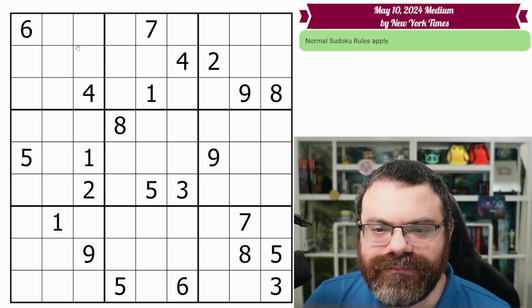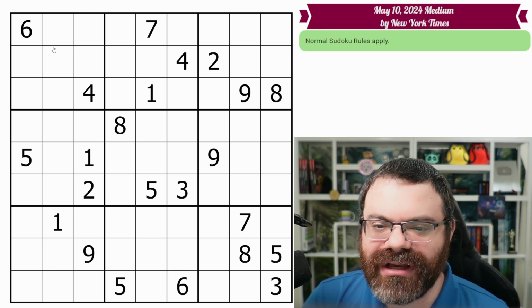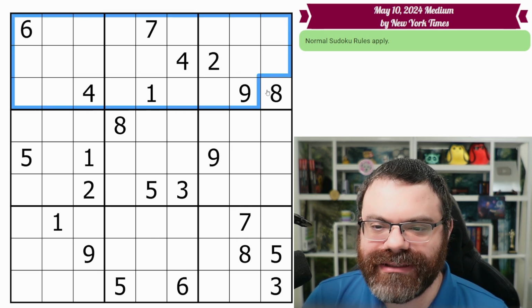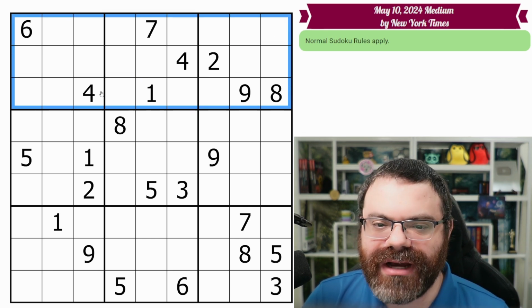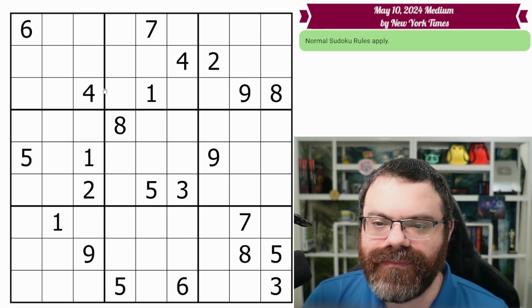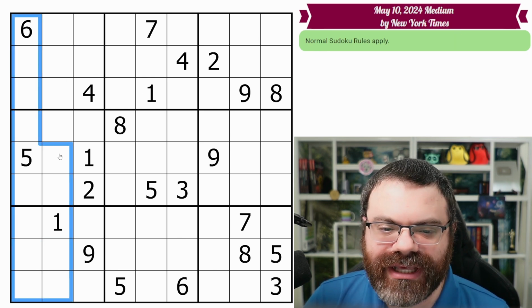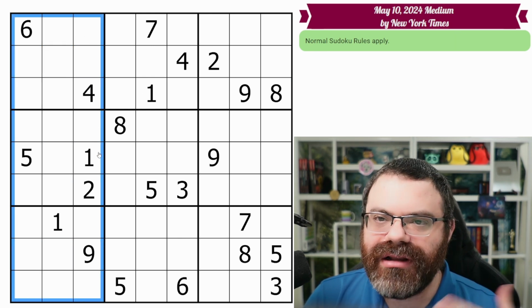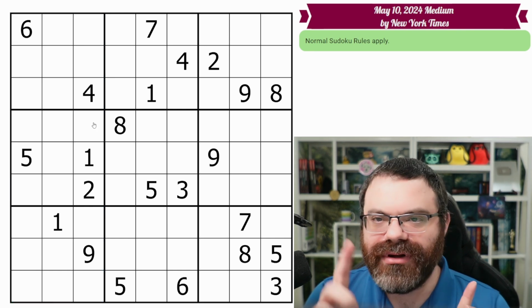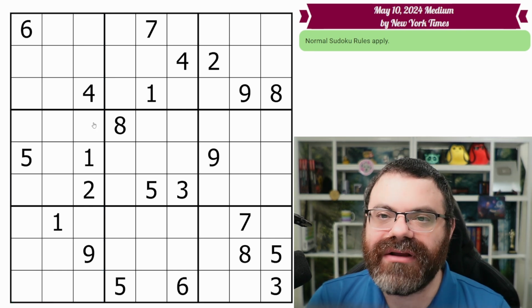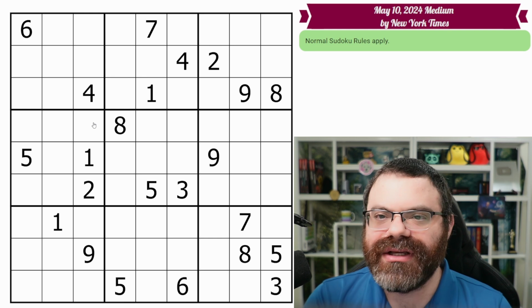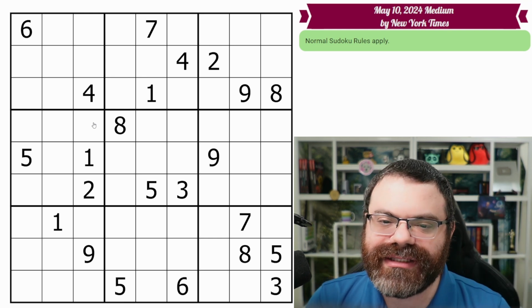All right. The last bit of terminology I'm going to talk about at the beginning is bands. A band is just a row of 3 boxes. It's a convenient way of talking about that structure. And then we have stacks, which is a column of 3 boxes. Bands and stacks are essentially equivalent, just like rows and columns are, because you can always rotate the board 90 degrees and they swap.